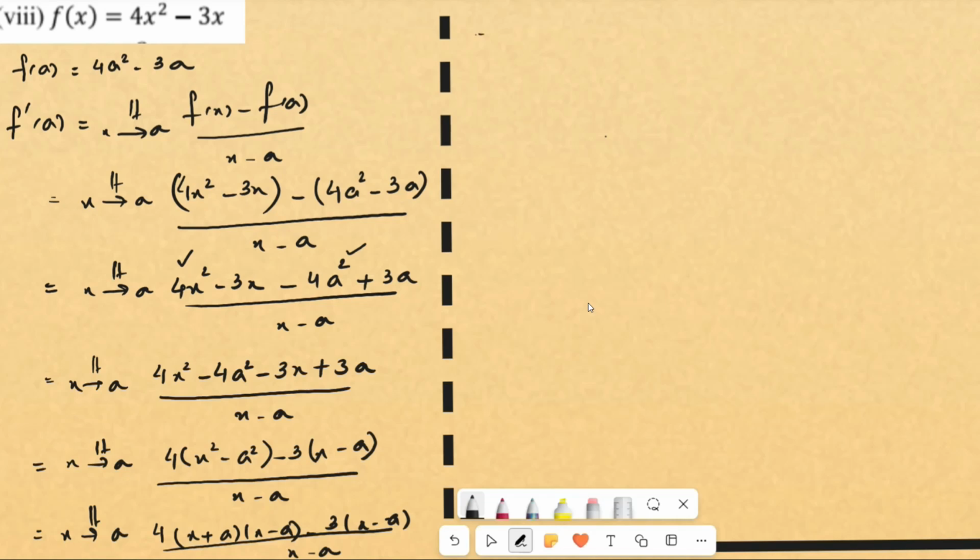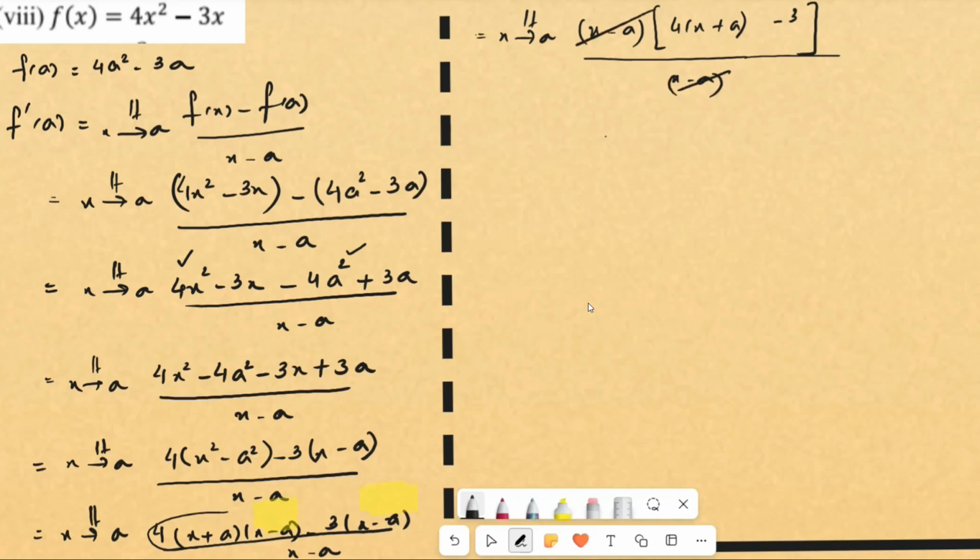Now taking x minus a common, the remaining will be 4 into x plus a minus 3, divided by x minus a.